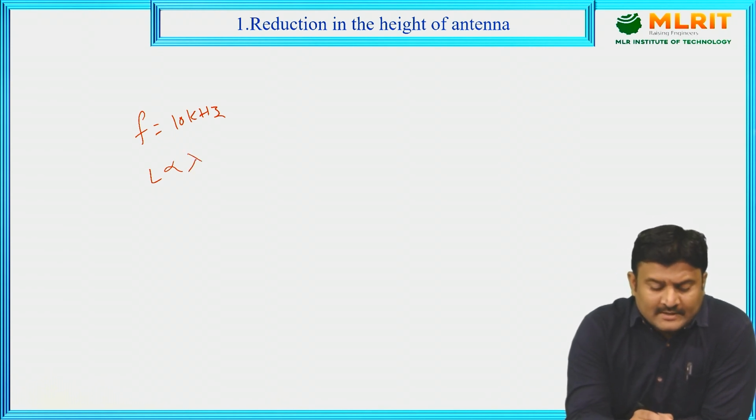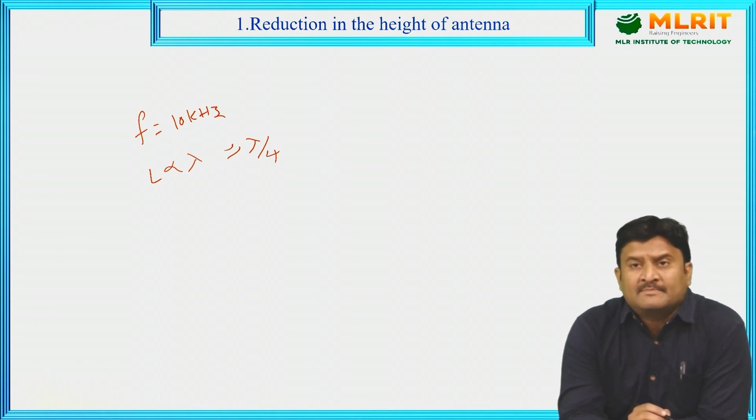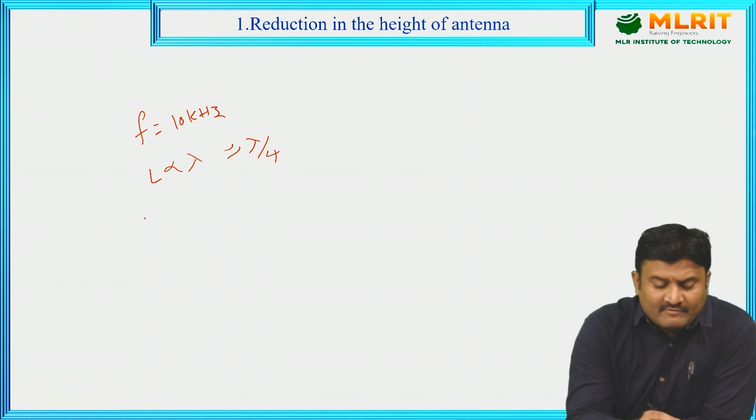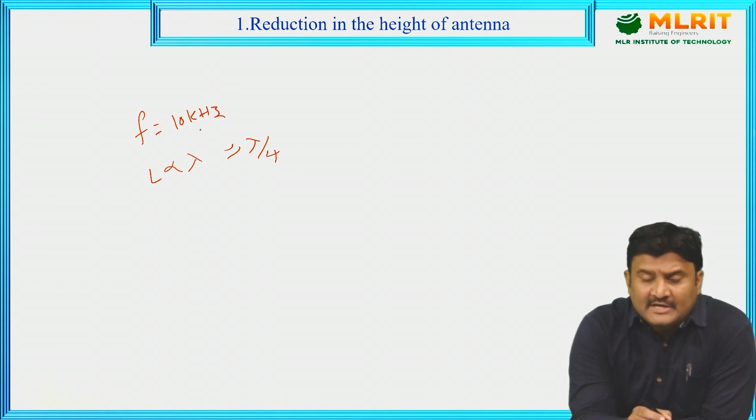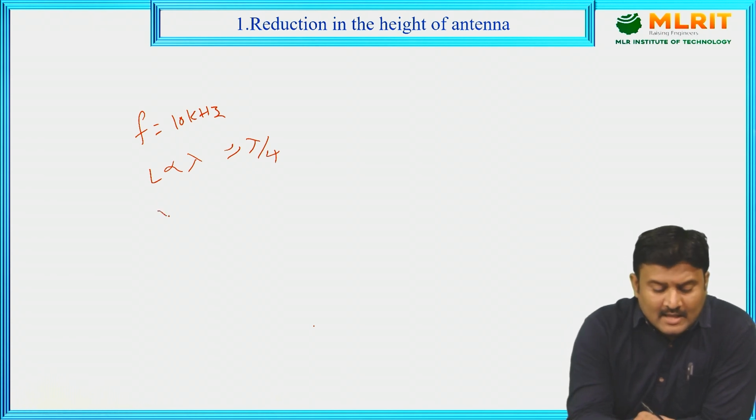The minimum height is multiples of lambda by 4 of the antenna. Therefore, when you are transmitting f equal to 10 kHz signal with height equal to lambda by 4, you know the relation lambda is equal to C by F.